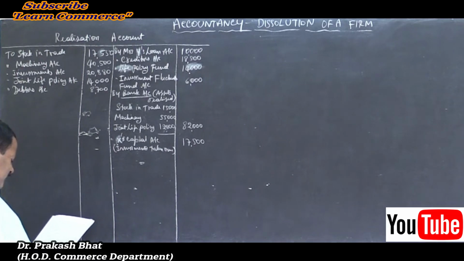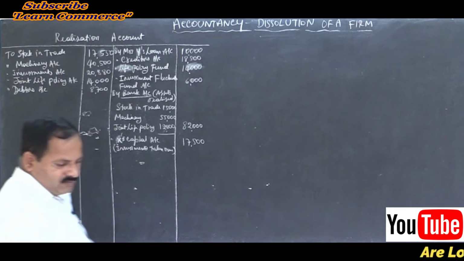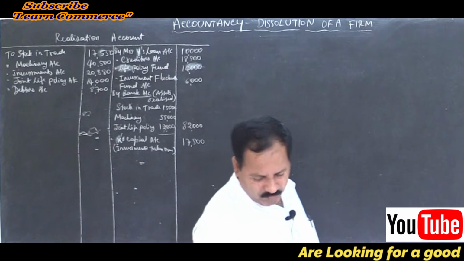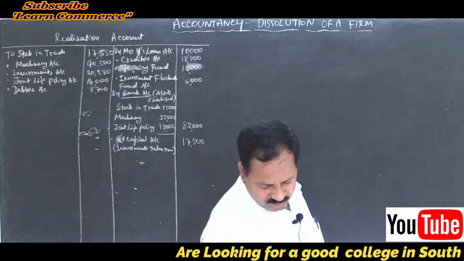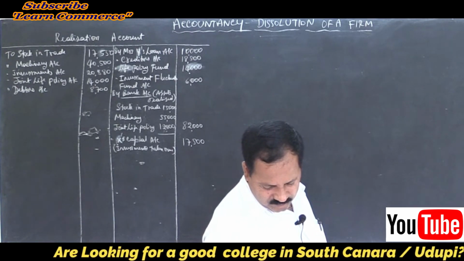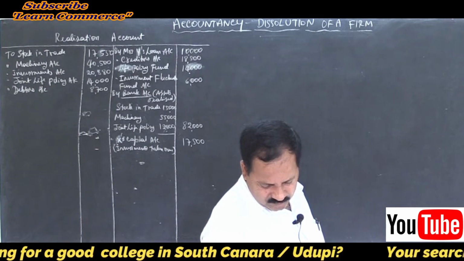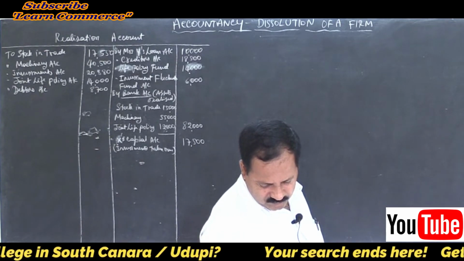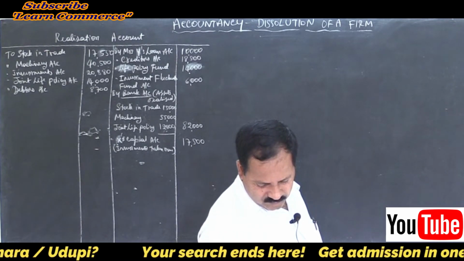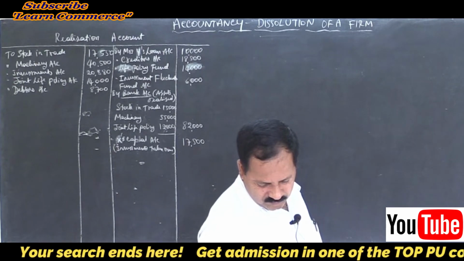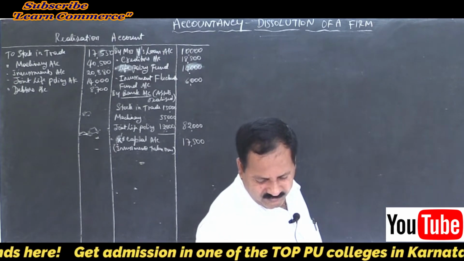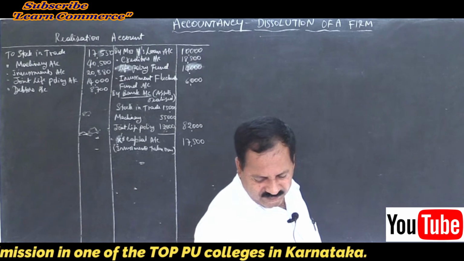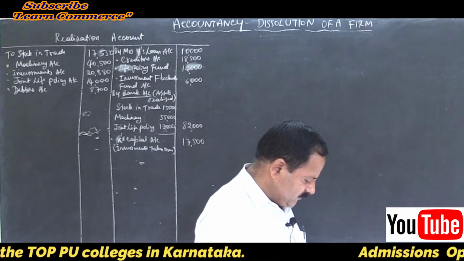Then debtors taken over, right? Who took over debtors? Debtors realized for rupees 6,150.